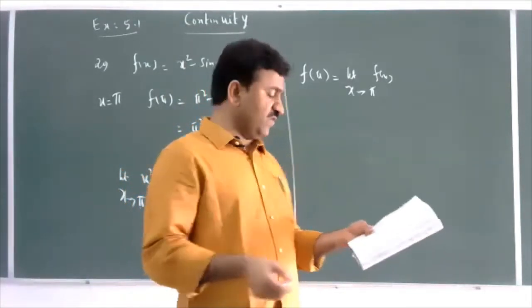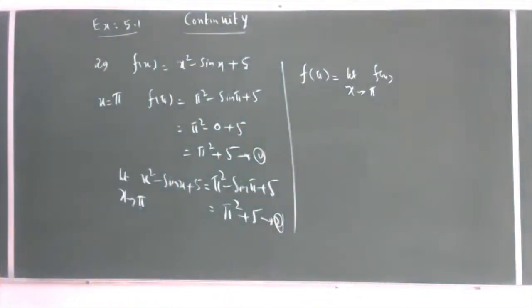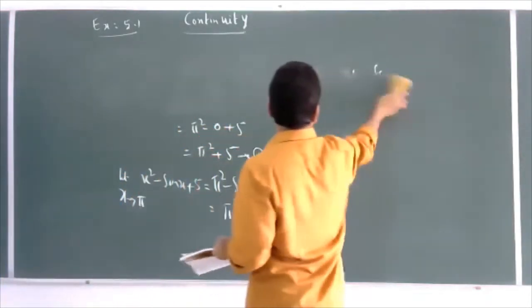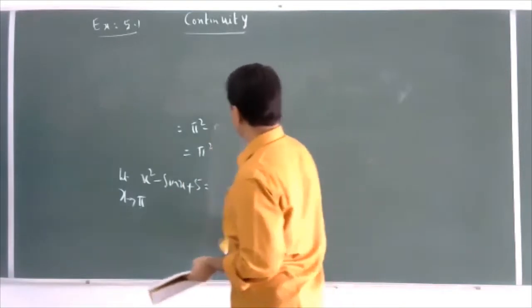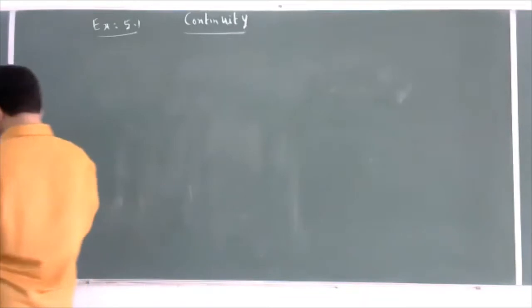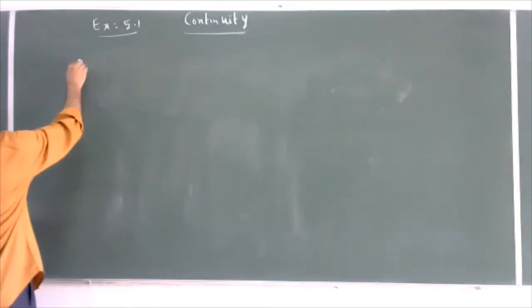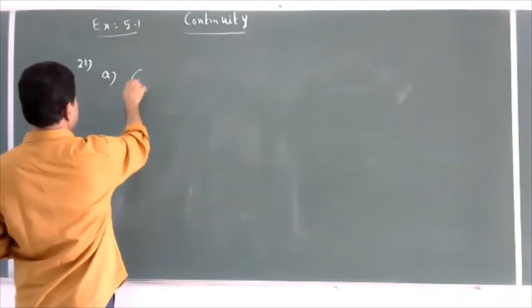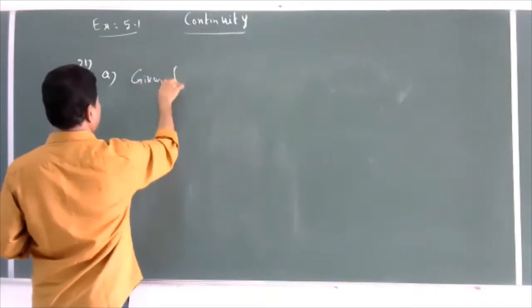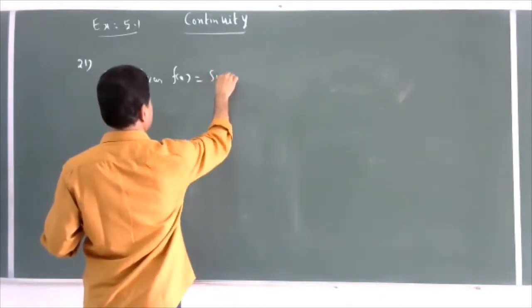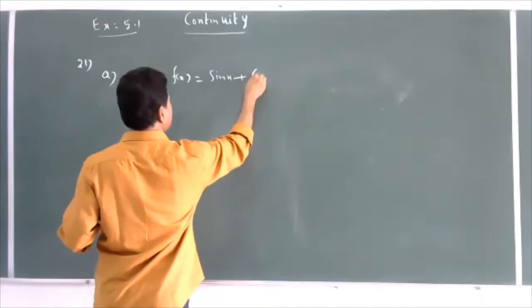Discuss the continuity of the following functions. So the 21st first problem, A. Given f of x equals sin x plus cos x.